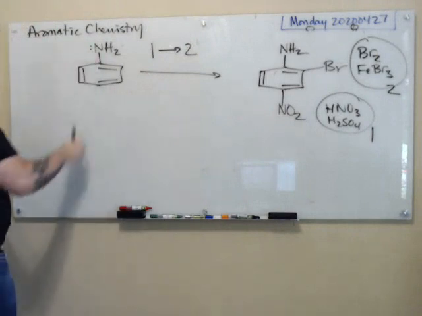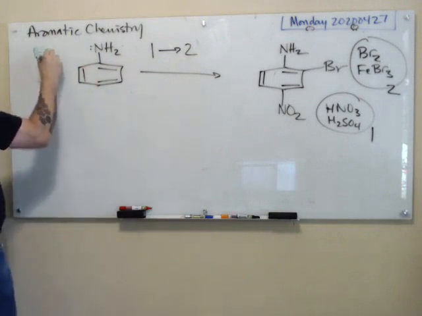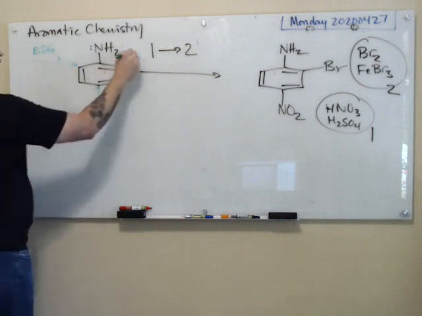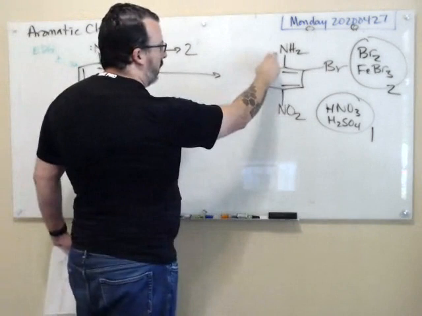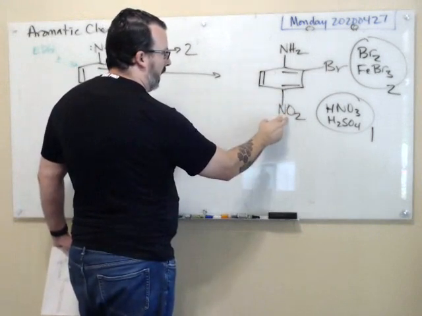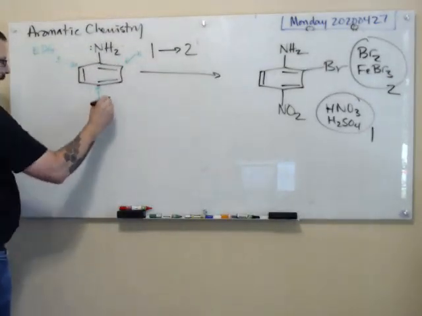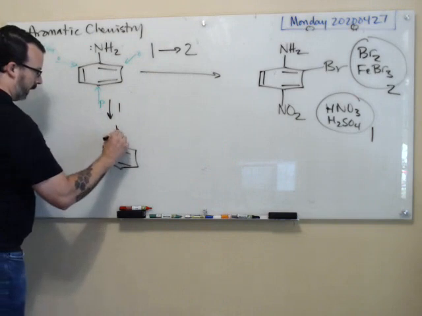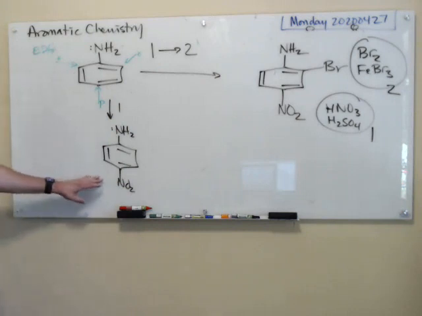So we have an amino group. An amino group is an electron donating group. So it's going here, here, and here. So ortho, ortho, para. We can see from what we're trying to make, we need the nitro group in the para position. So if we do that first, if we nitrate, we said that predominantly we're going to get the para product as the major due to steric interference.